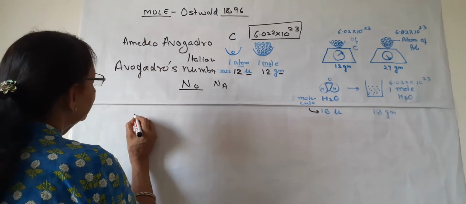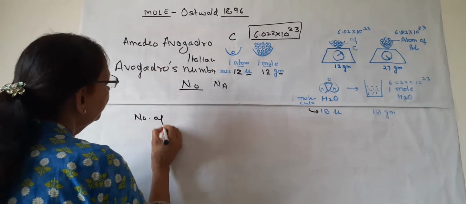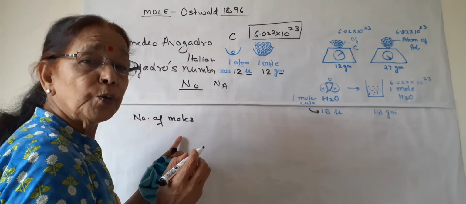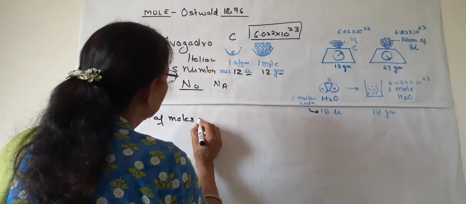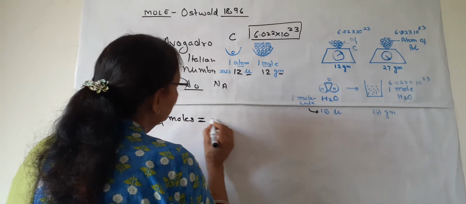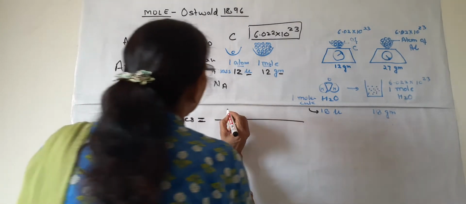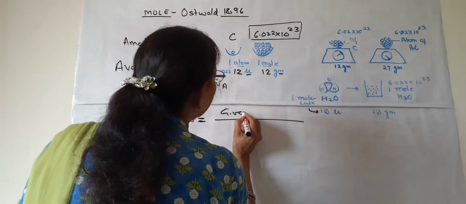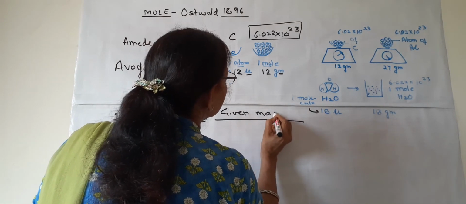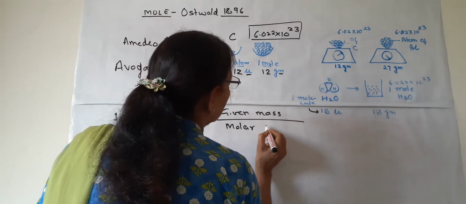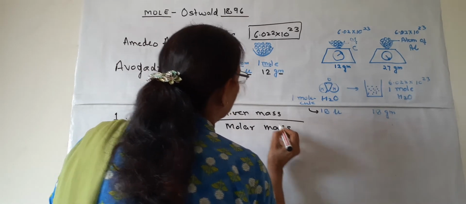So I am writing number of moles. If we want to calculate the number of moles, there are 2 formulae. This is formula number 1. Here we will write given mass upon molar mass.